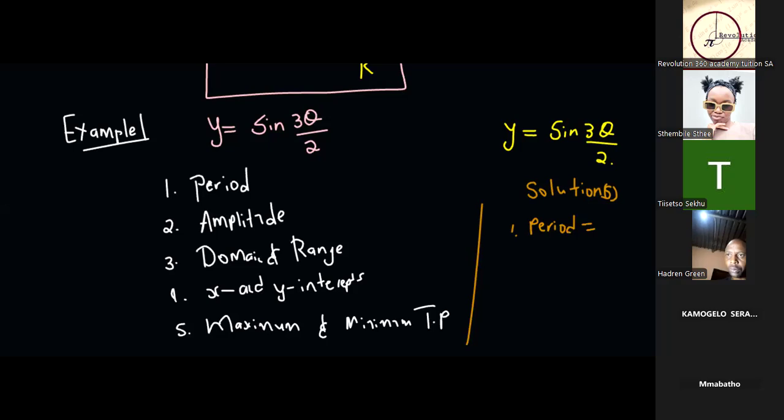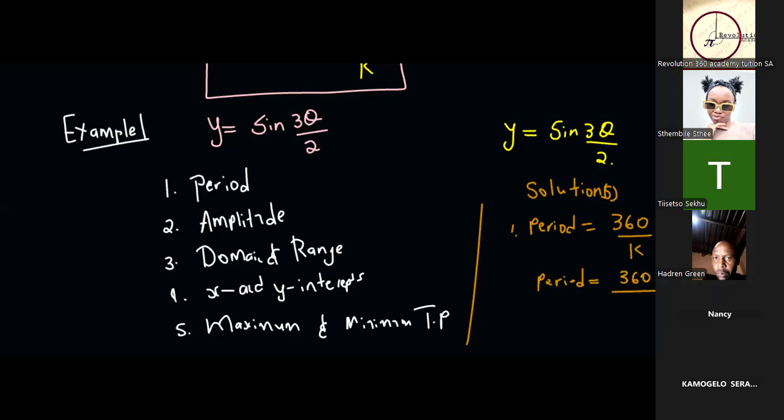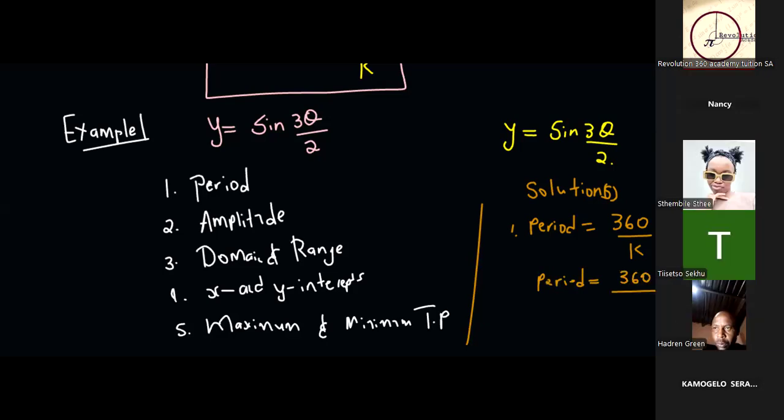From what I've just showed you, our period is going to be 360 over k.